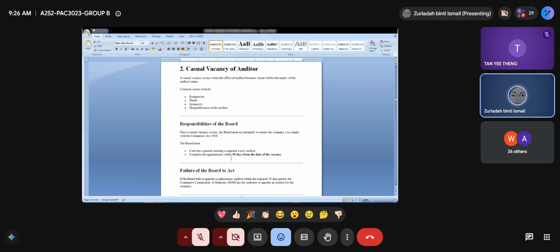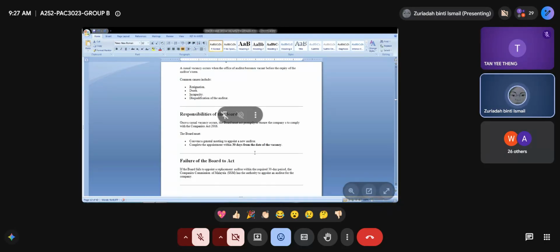If the board fails to appoint an auditor within the statutory period of 30 days, the registrar has the power to appoint on behalf of the company.